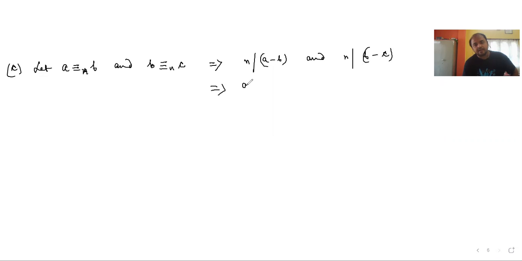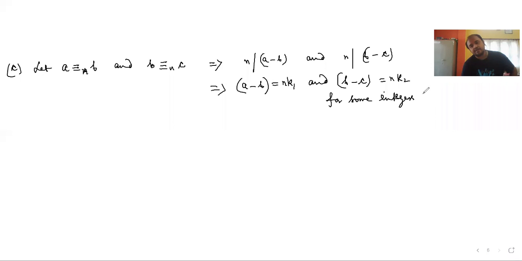This implies a minus b is equal to n times k1 and b minus c is equal to n times k2, for some integers k1, k2 belonging to Z. This implies a minus b plus b minus c can be written as n times k1 plus k2.